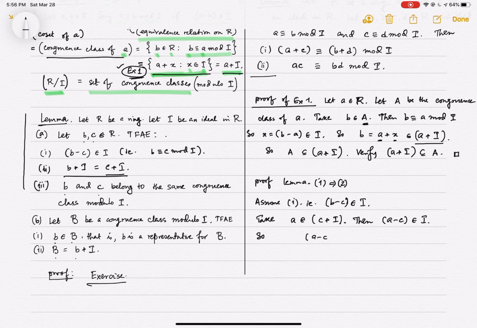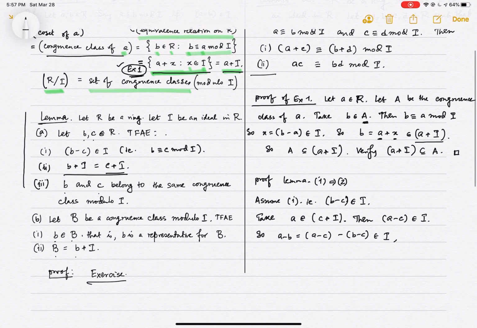So (a minus c) minus (b minus c) is also in I, and that just happens to be a minus b. So a minus b is in I, so a is in b plus I. What did we argue in these two lines? We argued that if some element is in c plus I, then that element is also in b plus I. So c plus I is a subset of b plus I.